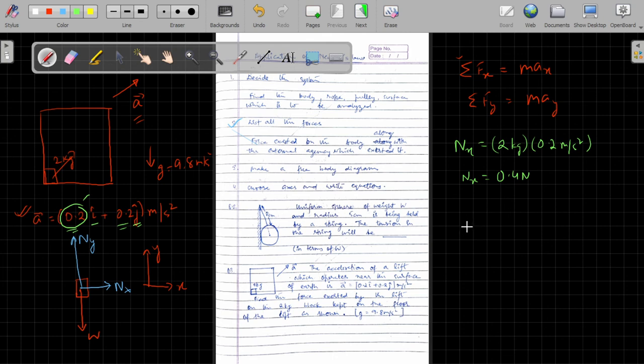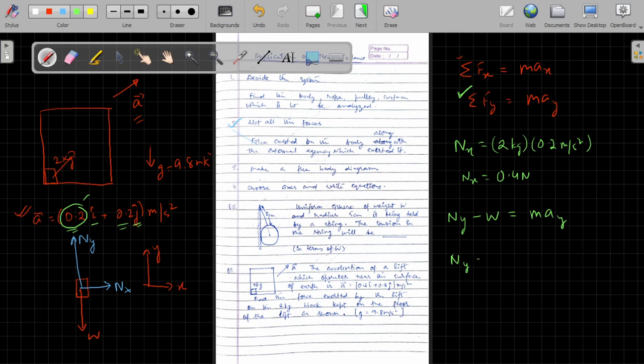Similarly, for the normal force acting on the block in y direction, we write the equation: the sum of forces in y direction. So plus Ny, since Ny is in upward direction, and minus the downward force, that is the weight of the block, is equal to mass times acceleration, may.